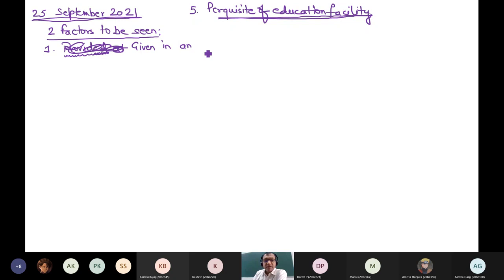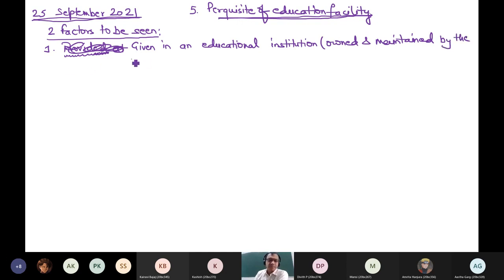In an educational institution. This institution can be owned and maintained by the employer or not, doesn't matter, but it is an educational institution.